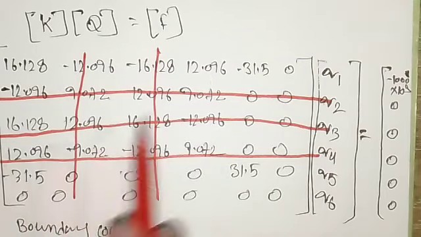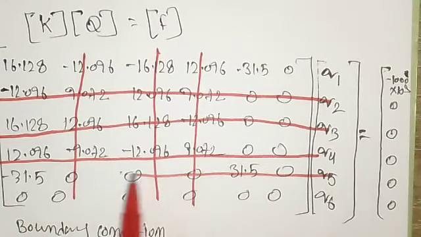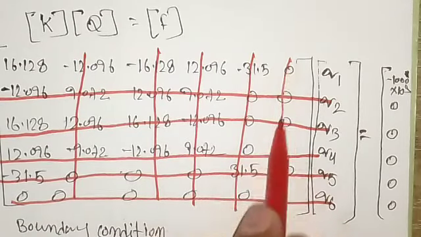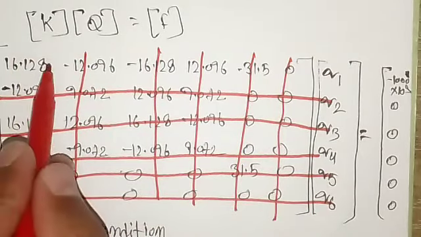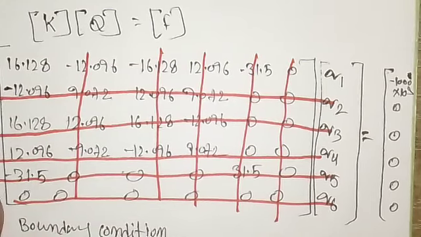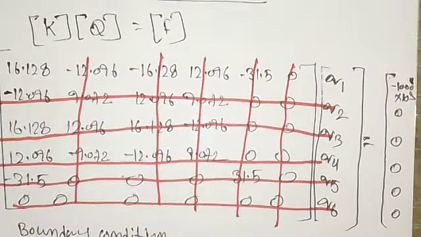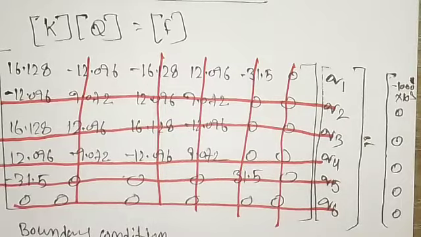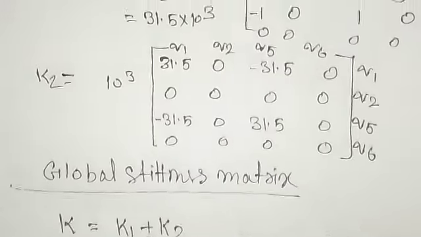Fourth row, fourth column, right? Fifth row, fifth column, sixth row and sixth column. So this element we have not eliminated. Why? Because at this point Q1 is having some value, right? So all are eliminated. The matrix is reduced into 1 by 1 size. So now you can simplify. Just wait.